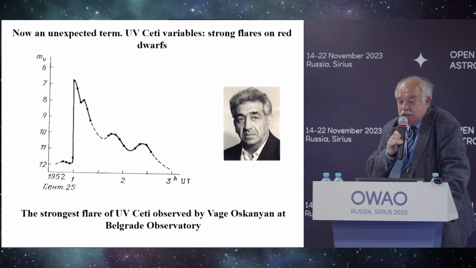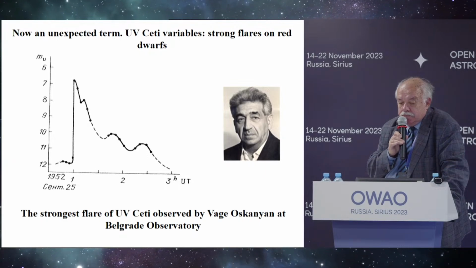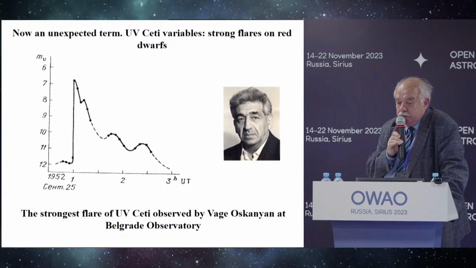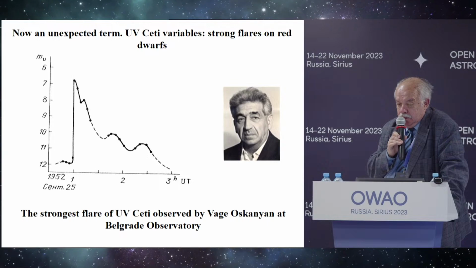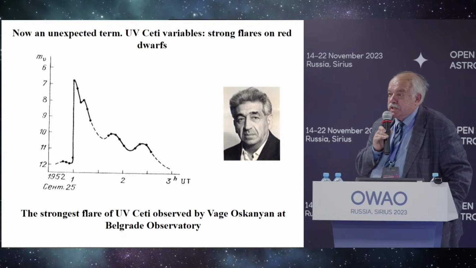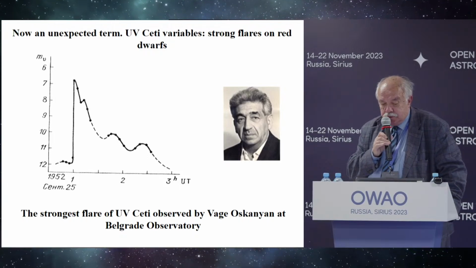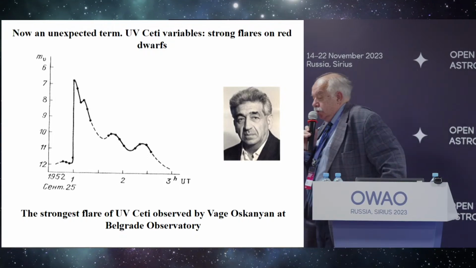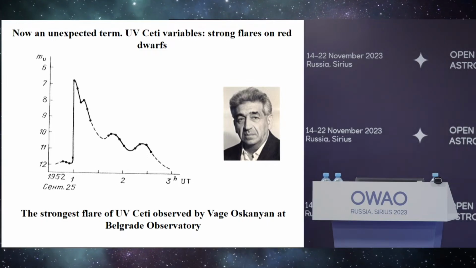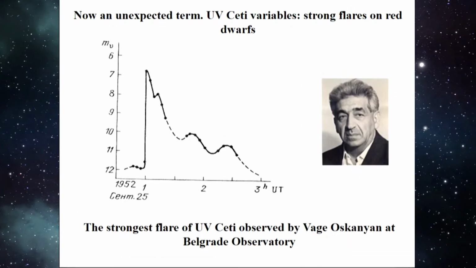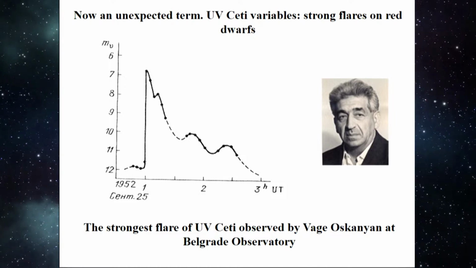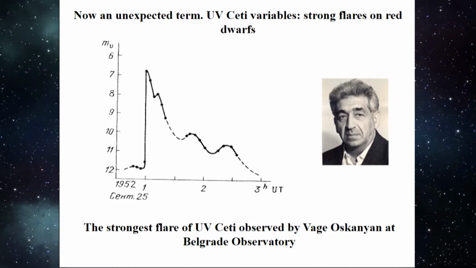Well, now I would say something about habitable zones. And I'll start with UV SETI stars. They show strong flares on red dwarfs. The strongest flare, it's funny, but it was observed by eye, by this gentleman, Vagia Oskanyan.